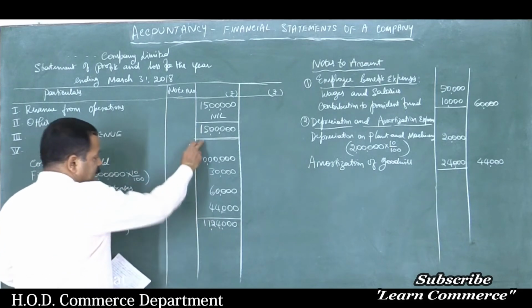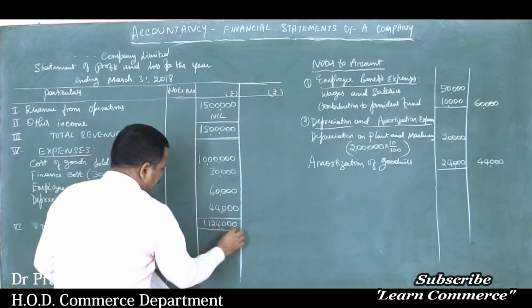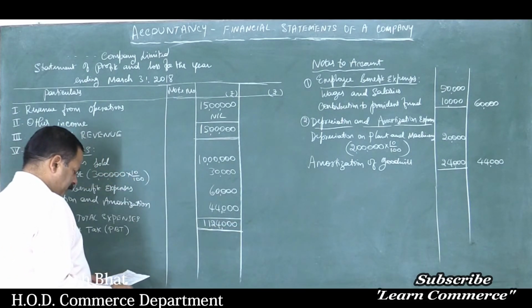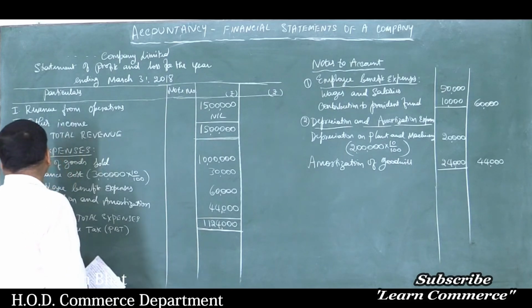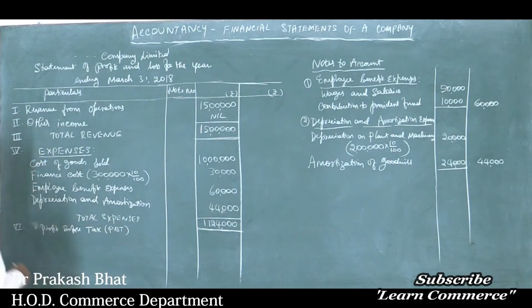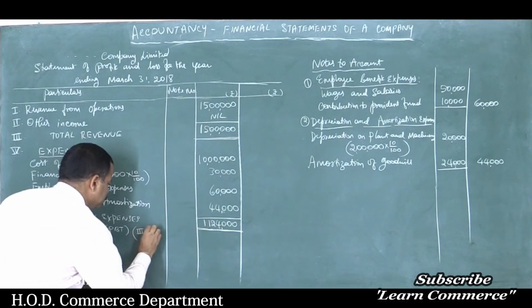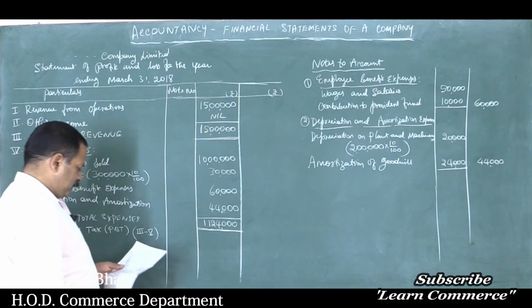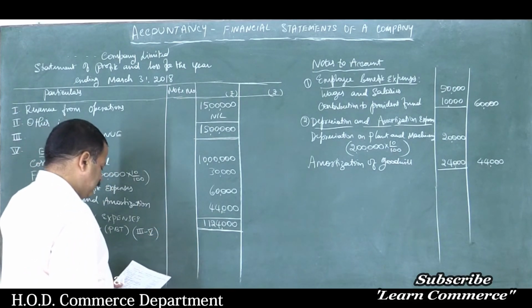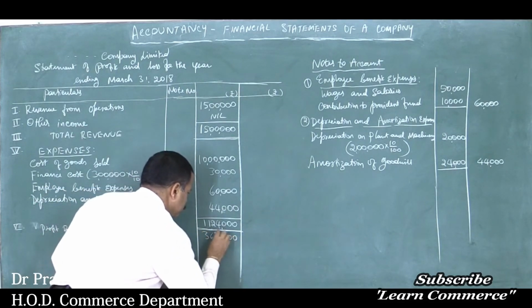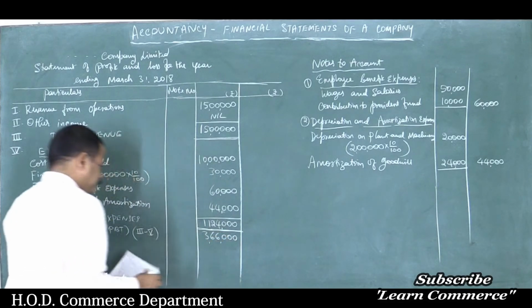Write the difference, this minus this, isn't it? This is total expenses. Now profit before tax, 3 minus 6. Sorry, it is 5, not 6. This 4 is 5. So, 3 minus 5. How much? 3,66,000.